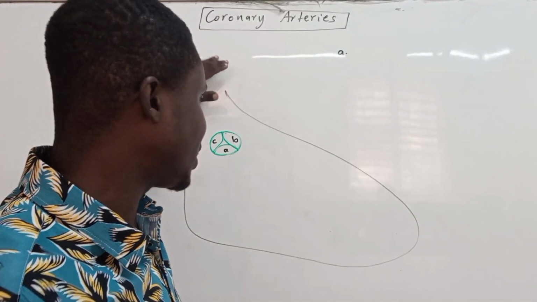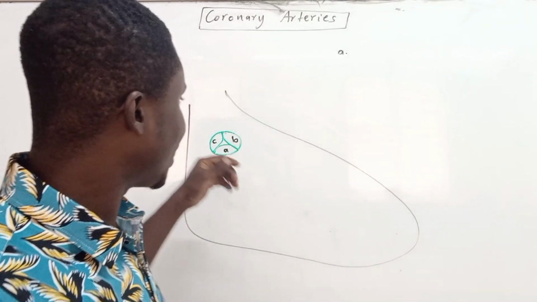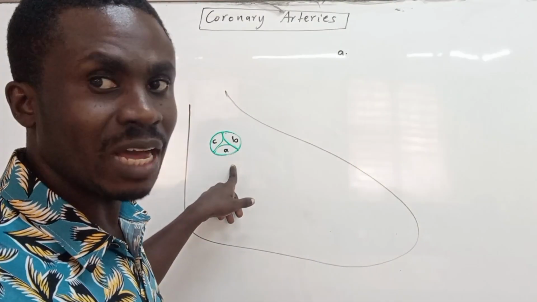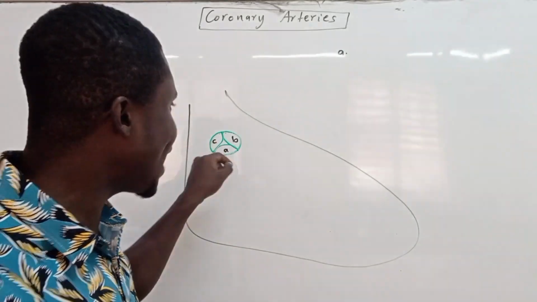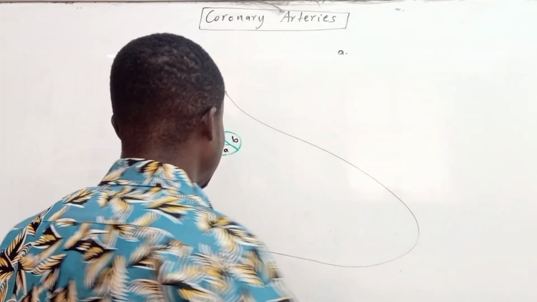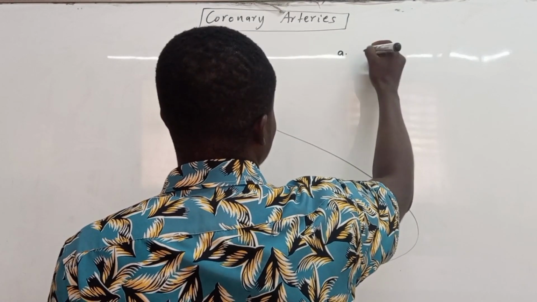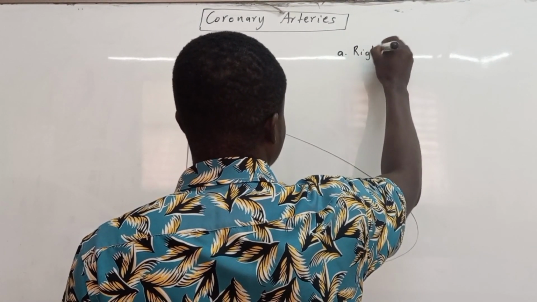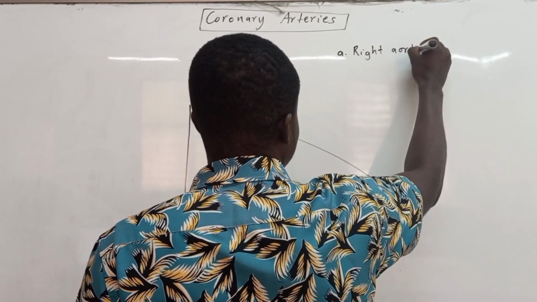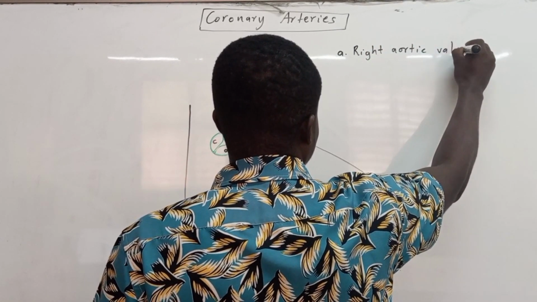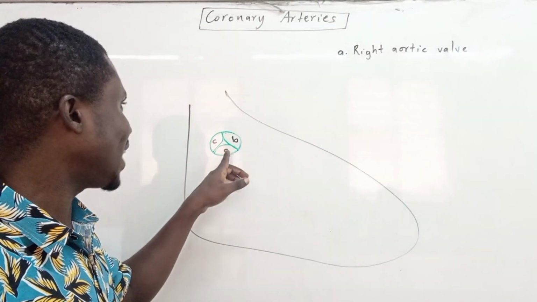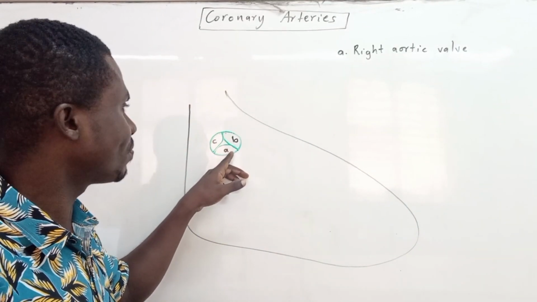Now the A I have over here, with respect to orientation: this is the superior point, as I come this way I'm going inferior, as I go this way I'm going posterior, but as I come toward the A, I'm coming to the anterior portion. So the A over here we call the right aortic valve cusp.